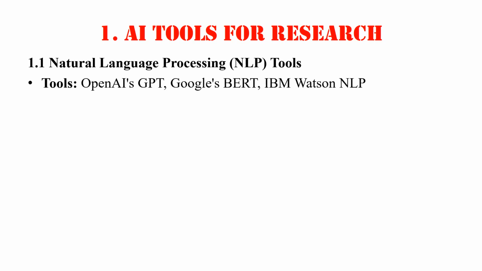So a chat system powered by a generative pre-trained transformer model is what is ChatGPT. Are we getting it? A chat system powered by a generative pre-trained transformer model is what is called ChatGPT. So you have understood what the GPT is in that area.